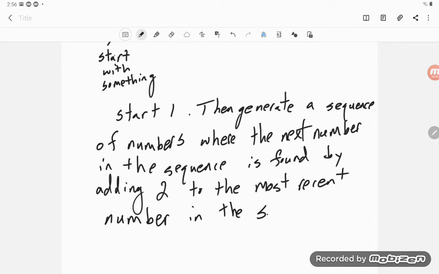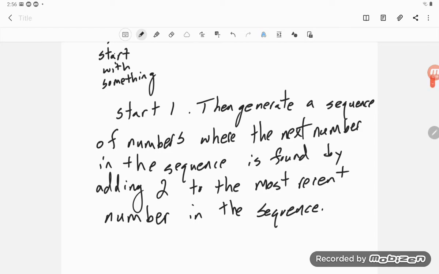Now, this is where algebraic language is so much better. I mean, this is about as simple as it gets, right? I start with 1, and then I add 2 to get 3, and add 2 to get 5, and add 2 to get 7. But it still took me quite a bit to write that down.